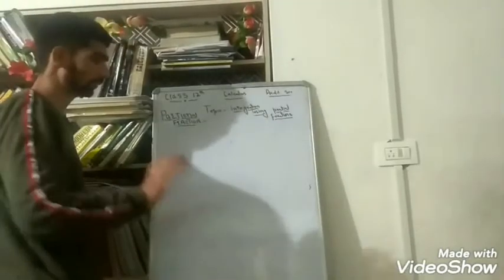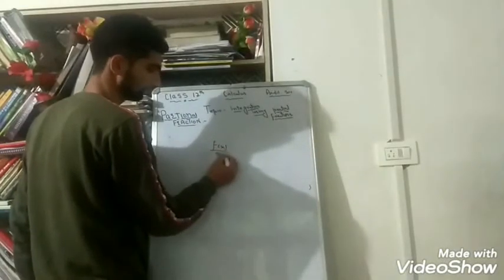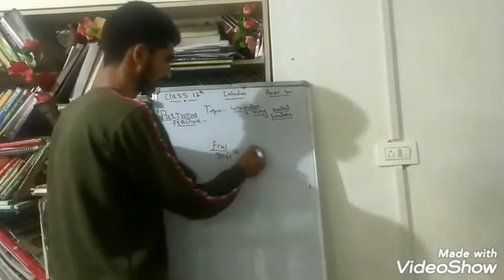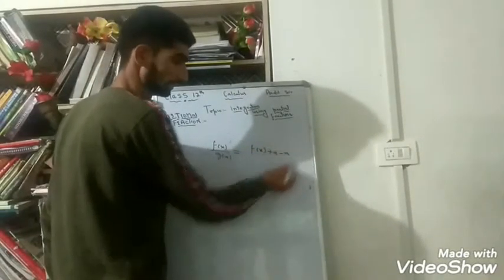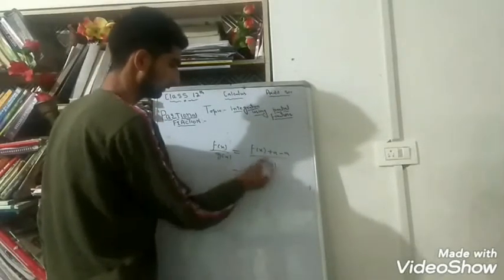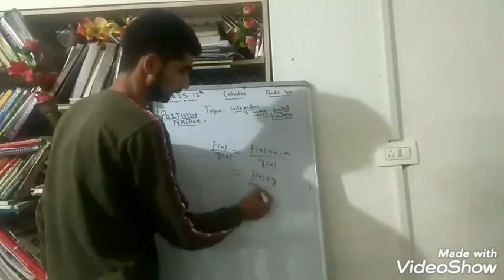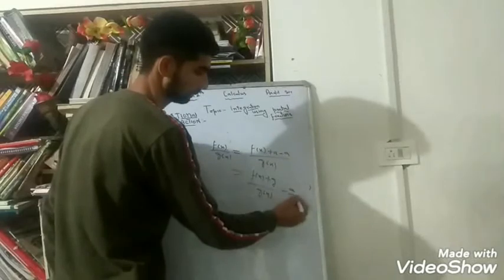Now if we have a proper fraction, for example f(x) divided by g(x), we can write it as f(x) plus a minus a divided by g(x). This will be further equal to f(x) plus a divided by g(x) minus a divided by g(x).